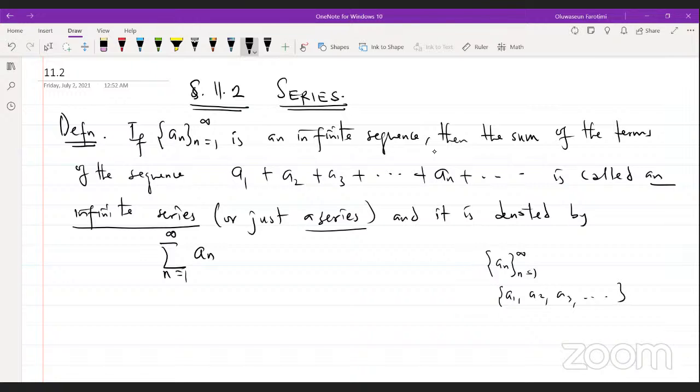But at the level of series, you have the summation sign, but you still have this an. So this is n from 1 to infinity. Now what does summation do? It sums up the terms for you, right? So this is just going to be A1 plus A2 plus, you keep going on and on.